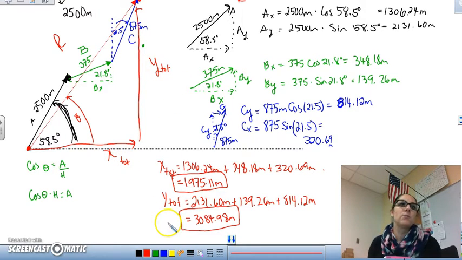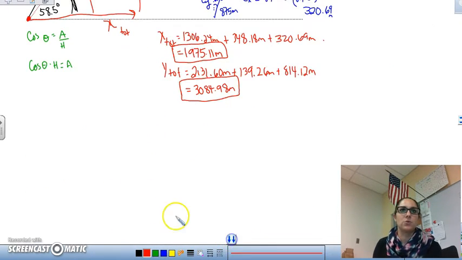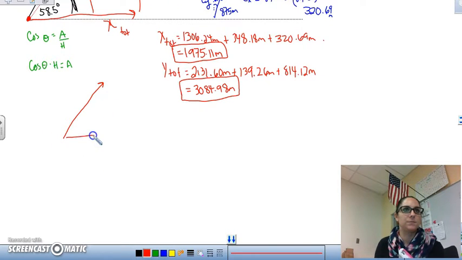X total, y total. Now we've got to figure out the hypotenuse of the red triangle. So let's just draw a new triangle because it's just easier. So my x is this 1975.11. I did not draw this to scale at all, so keep that in mind.